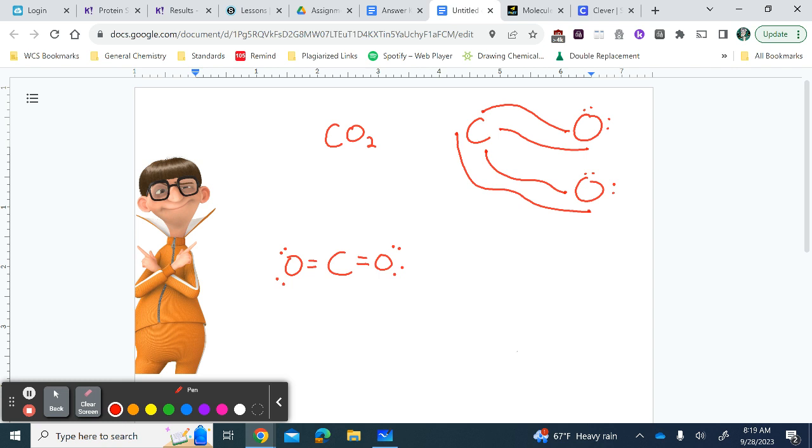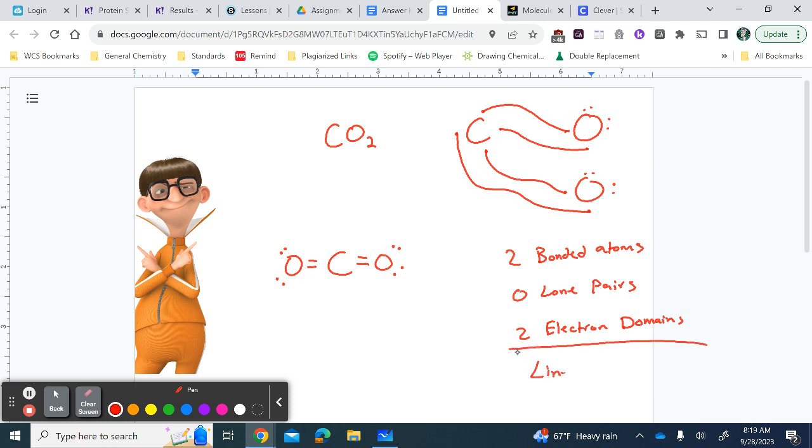So if we break this down, we have 2 bonded atoms. We have 0 lone pairs. We have 2 electron domains. So this is going to be considered a linear molecule, if we remember correctly.